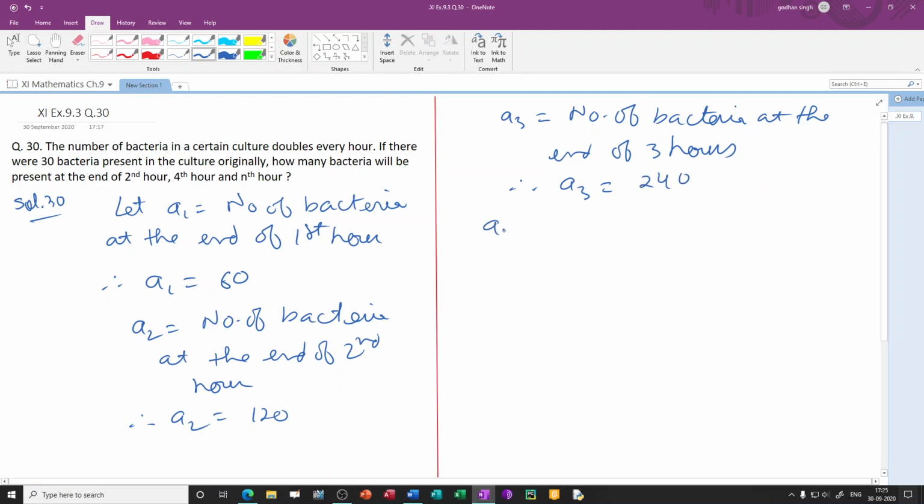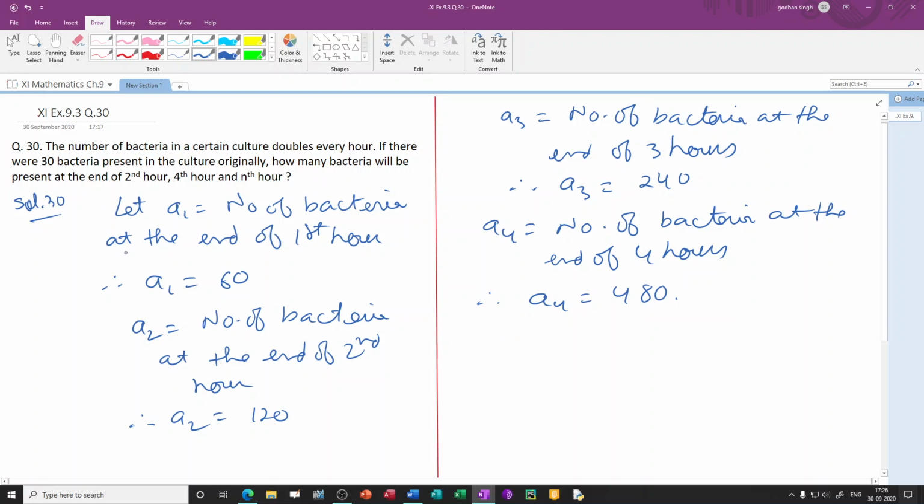Similarly A4 is the number of bacteria at the end of 4 hours, and A4 is double of 240, which is 480.